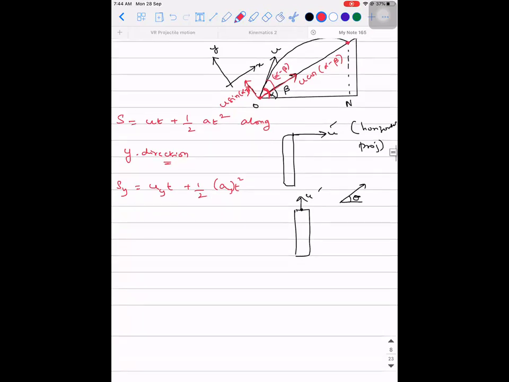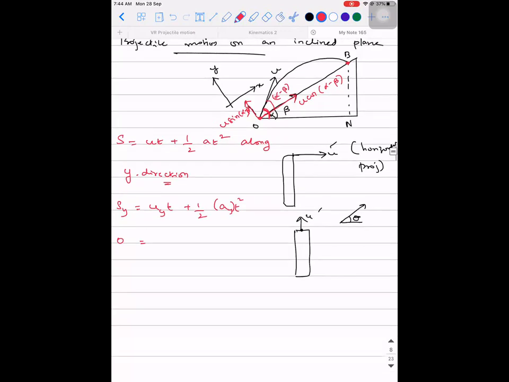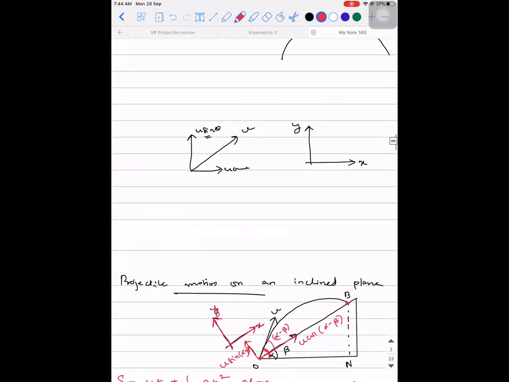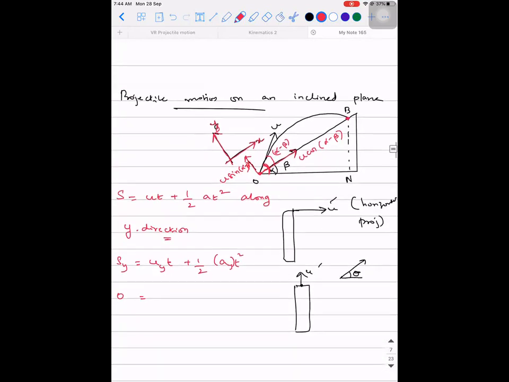It is still zero because you have taken the direction of OB as x. In maths, there is a concept called rotation of axis. We always think that horizontal should be x and vertical should be y, but there is no necessity of that sort. You are free to choose. That is the advantage of physics: you can choose any direction to be x and any direction to be y.